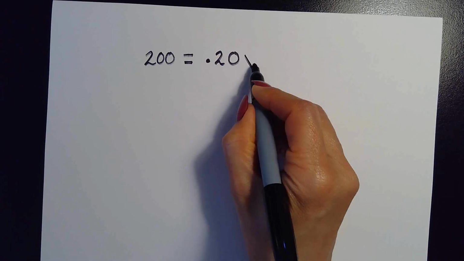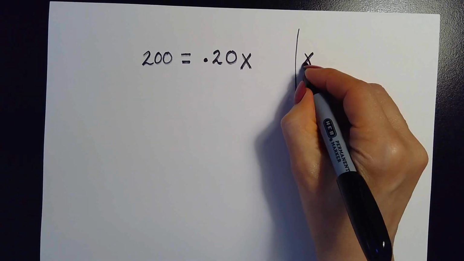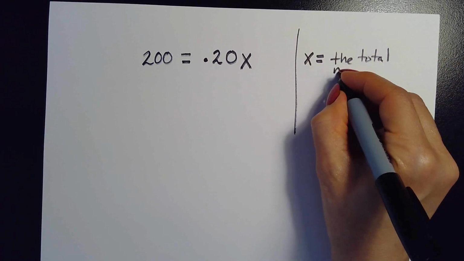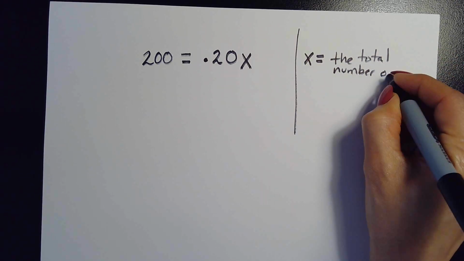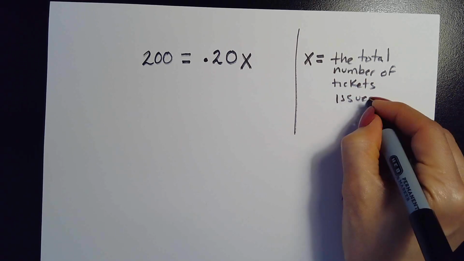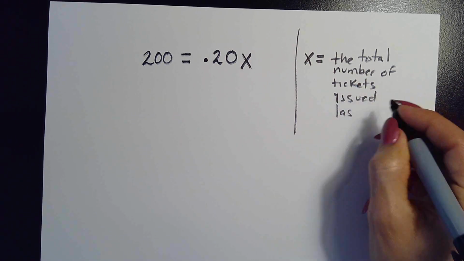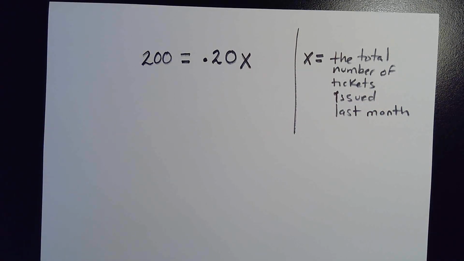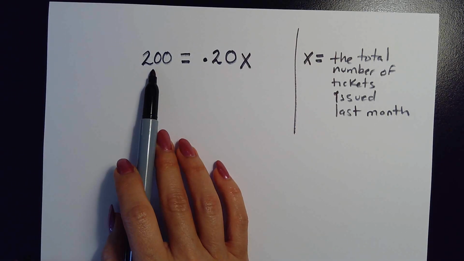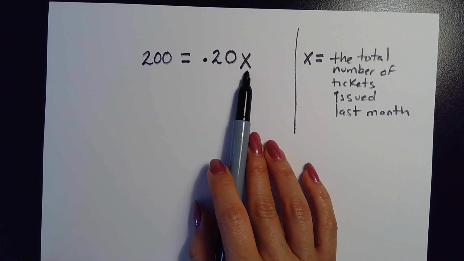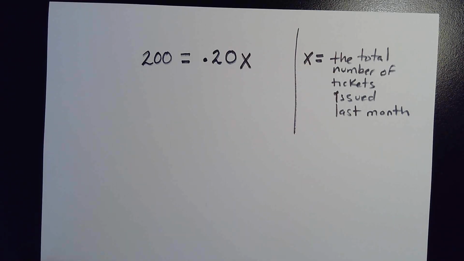And I'm going to use X to represent the total number of tickets issued last month. So once again, 200 equals 20% of the total. That's what this equation is saying.